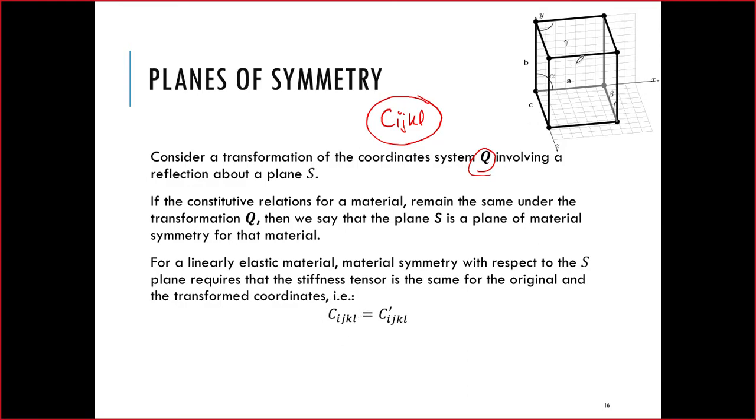So for example, if you look closely at this crystal structure I have drawn here, I think we can all identify that if I perform a rotation, let's say 180 degrees about the y-axis, I actually get back this same shape, like so, exactly the same thing.